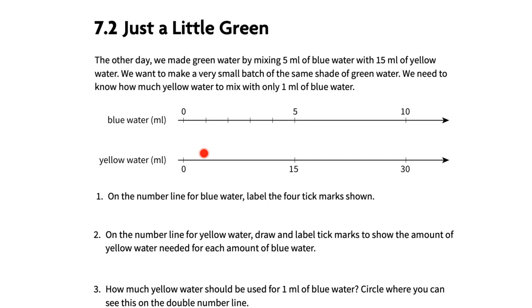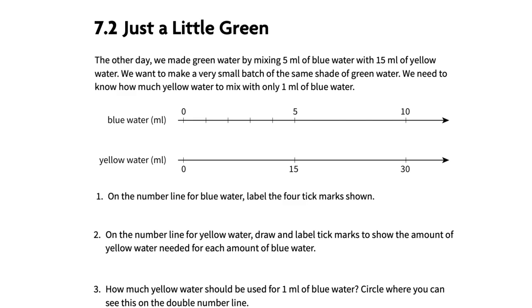If I'm thinking about this ratio, that relationship between blue and yellow, I can imagine that for every 1 blue, there must be 3 yellows. And let's see if that works out to be true.